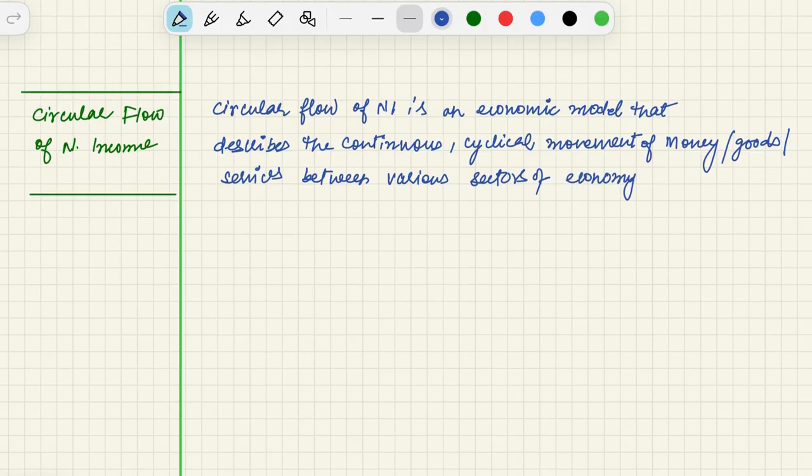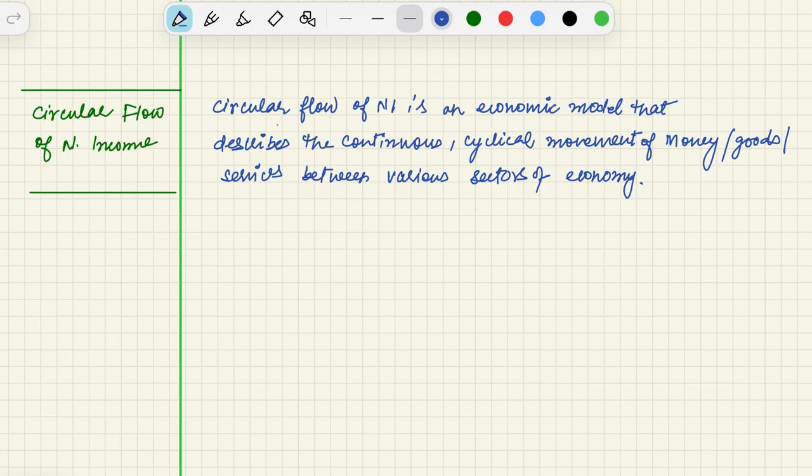So I have written here: the circular flow of national income is an economic model that describes the continuous cyclical movement of money, goods, and services between various sectors of economy.